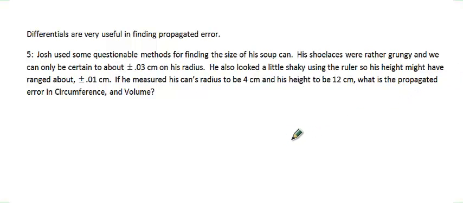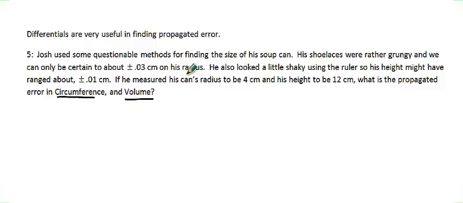All right, so when you want to find error, you're really looking for your change in whatever you're looking at. So like circumference, you're looking for your change in circumference or your change in volume, and that would be your propagated error. All right, so let's take a look at the problem. Josh used some questionable methods for finding the size of a soup can. The shoelaces were rather grungy, and we can only be certain about plus or minus 0.03 centimeters of the radius.